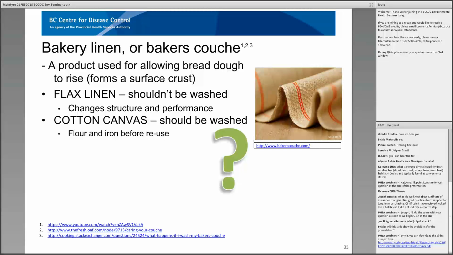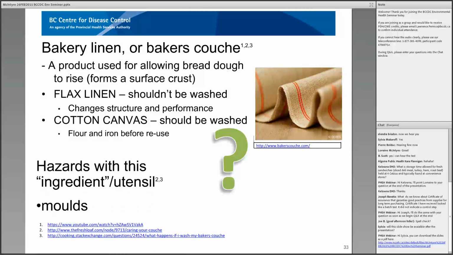But the cotton canvas ones you could possibly wash and reuse if you ironed it and then floured it before use. So the green symbol here is what's the main hazard associated with bread. That I won't torture the audience anymore. We would consider the couche as an ingredient or a utensil, but the principal hazard here is actually molds.